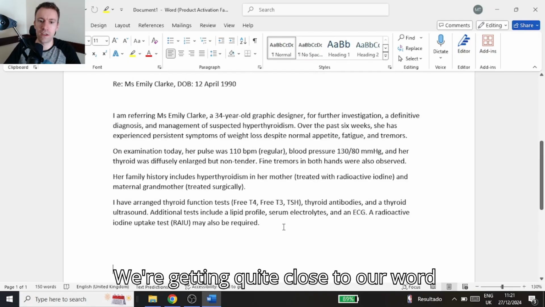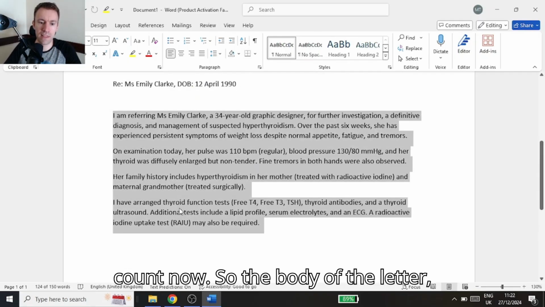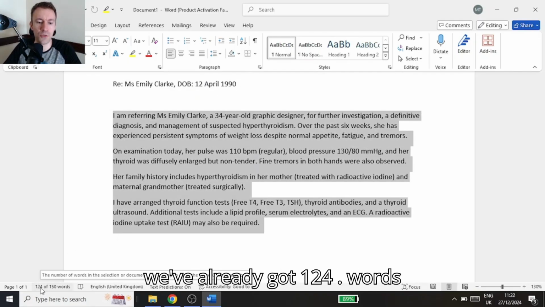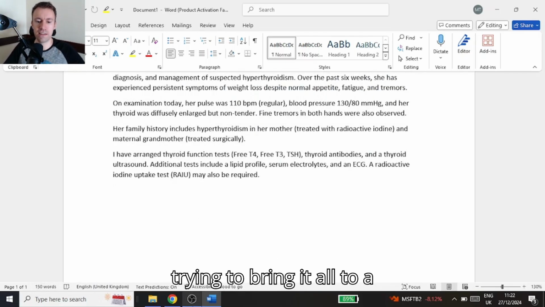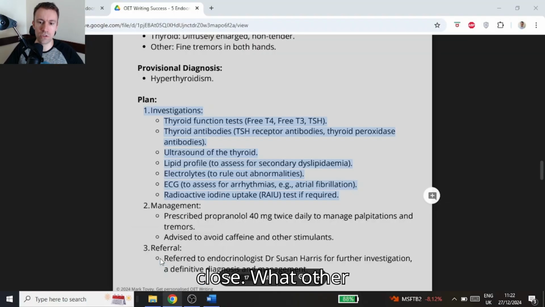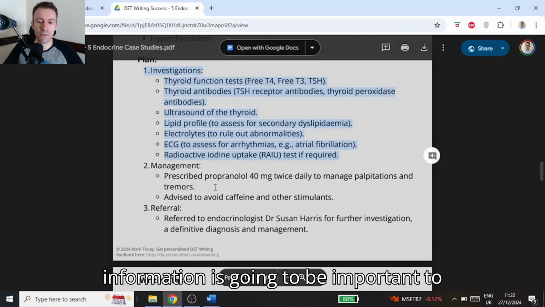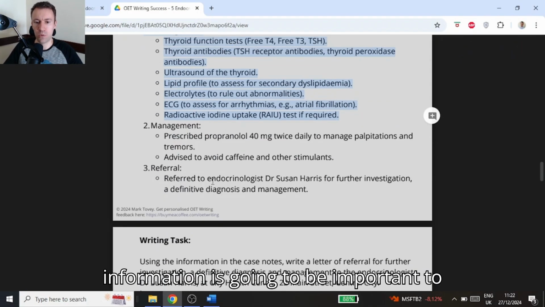So we're getting quite close to our word count now. So the body of the letter, we've already got 124 words. So we're going to be thinking now about trying to bring it all to a close. What other information is going to be important to mention?